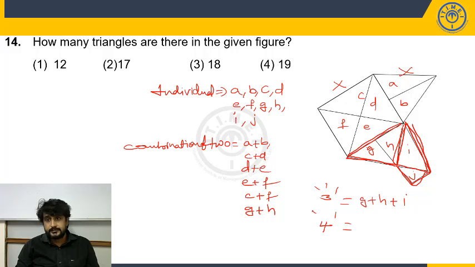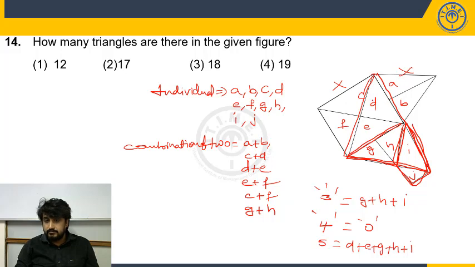Let's check it. Look at this. It is not the combination of 4, but combination of 5. Combination of 4 is 0. Combination of 5: D plus E plus G plus H plus I. Combination of 6 elements.